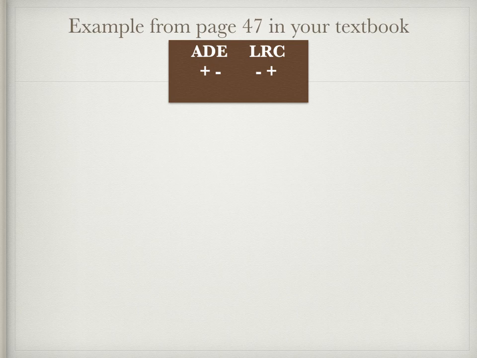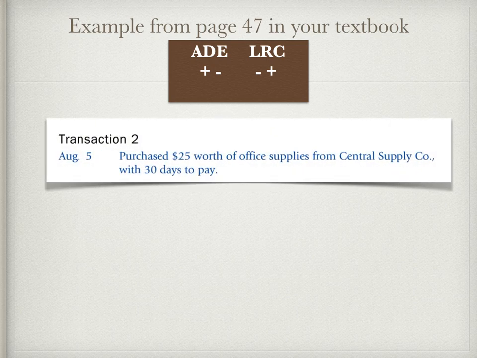Let's look at transaction 2. On the 5th of August, we purchased $25 worth of office supplies from Central Supply Company with 30 days to pay.